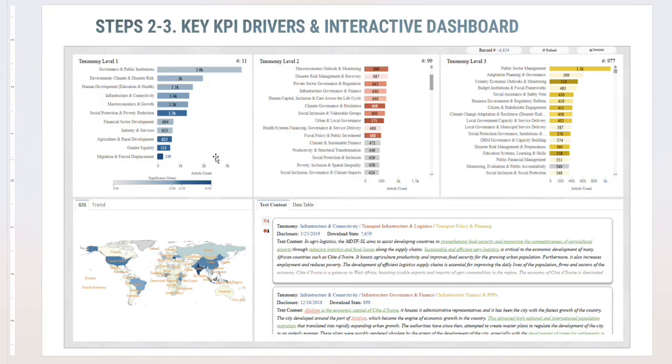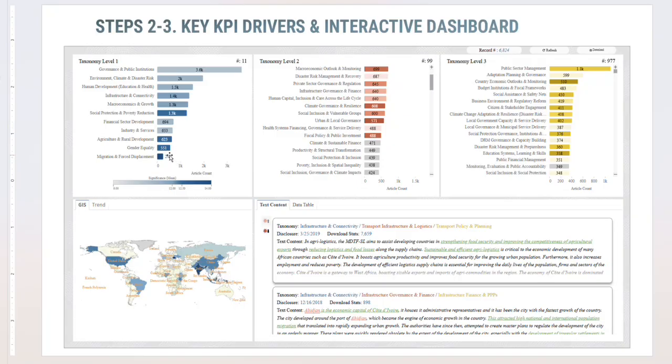So you see 3 levels of topics in the taxonomy. On the first level, you have 11 topics, on the second 99, on the third close to 1,000. The darker is the color for each of the topics, the more popular this topic is.